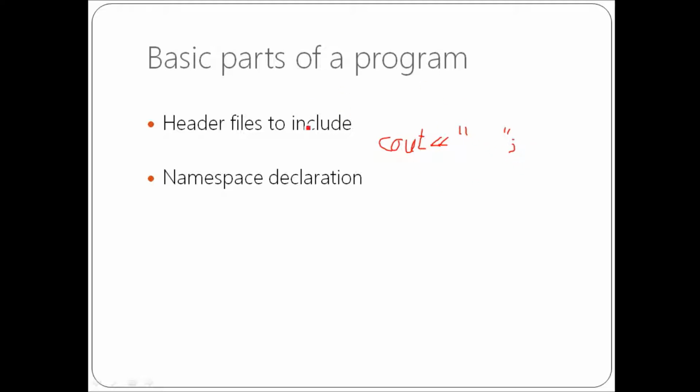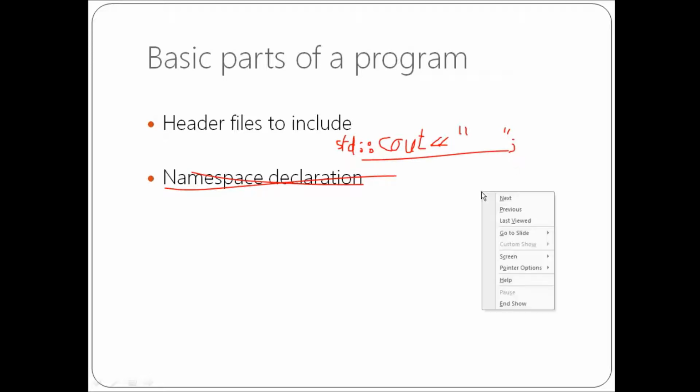We don't need to worry about that yet, we'll get to that later. But if you had no namespace declaration whatsoever, you'd have to write std, or standard, and then the scope marker, which is 2 colons, and then cout, and then that.